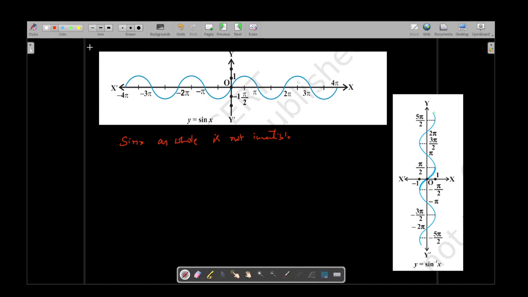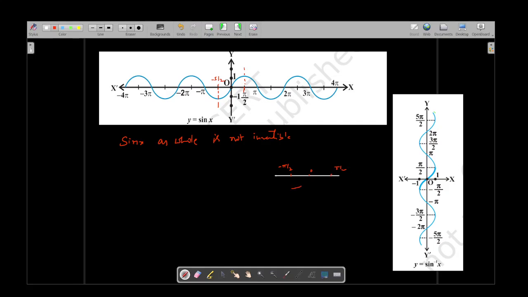But if you take branches of the sine function, like this is my pi by 2, and from this point to this point I take only this part of the sine wave, let me write it outside. This is minus pi by 2, 0, and pi by 2.